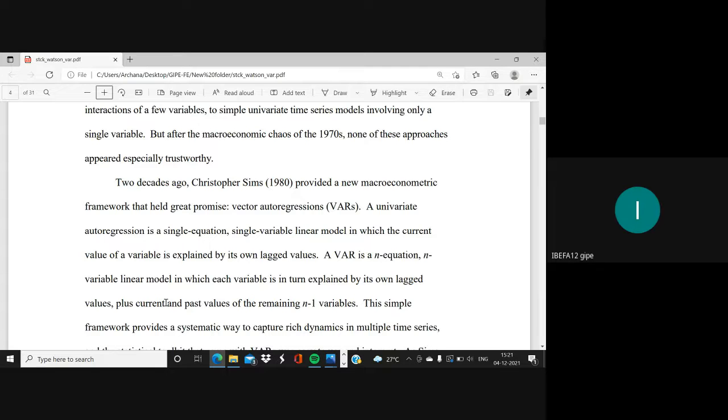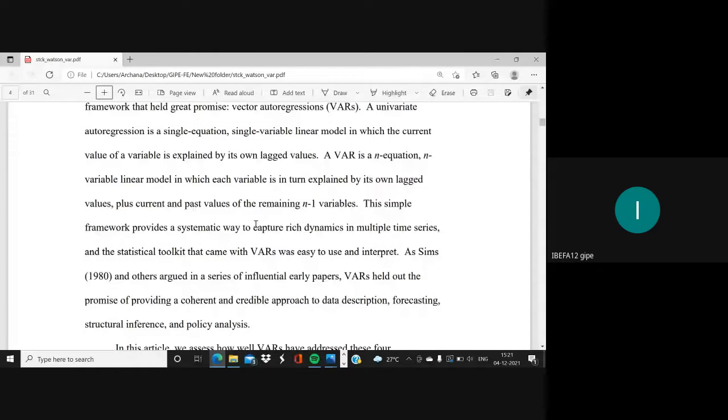If you have current values of the remaining n minus 1 variables, then there will be feedback between the variables. So all of the equations will have this similar structure, that each variable is explained by its own lags as well as lags of the other variables in the system. And you could also have current values of the other variables in the system. And this helps us to capture the rich dynamics that are there in multiple time series.